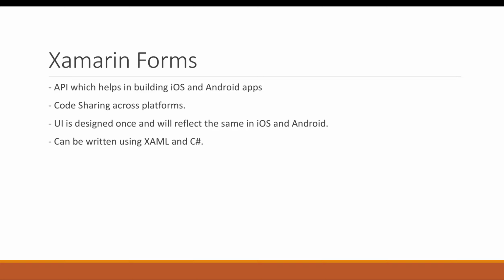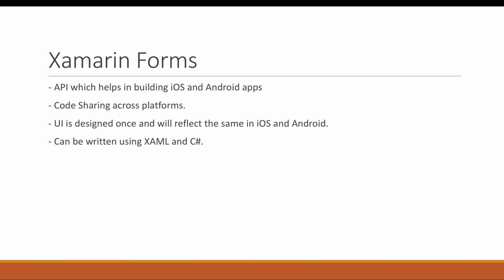When compared with Xamarin and Xamarin Forms, the UI here we are developing once, and this particular UI is completely reflected in iOS and Android based upon their native capabilities. In Xamarin, we are trying to develop an iOS application using Xamarin iOS and Xamarin Android for Android applications. But those two are two different UIs.